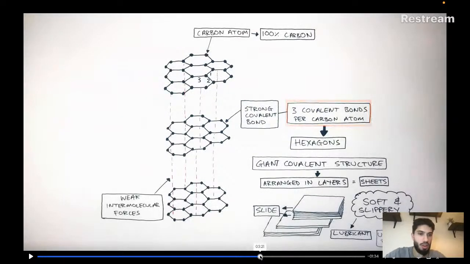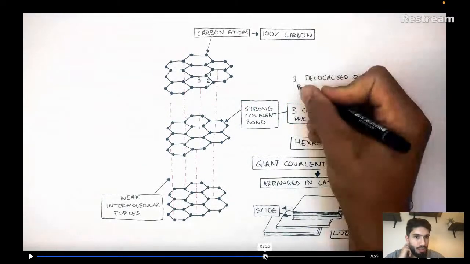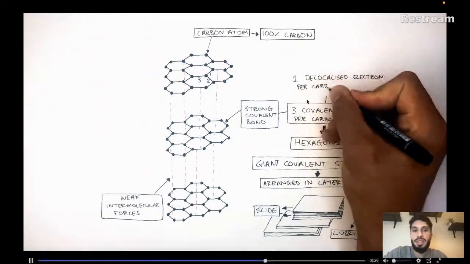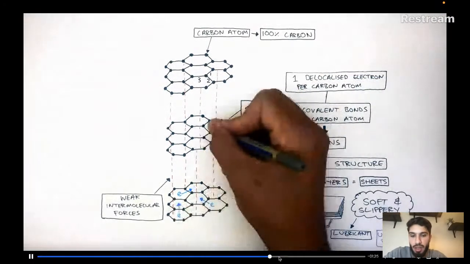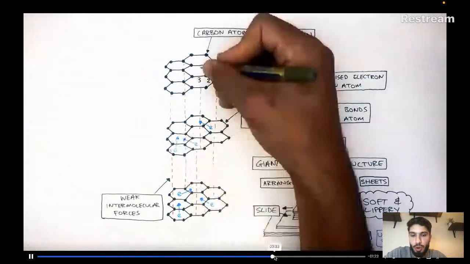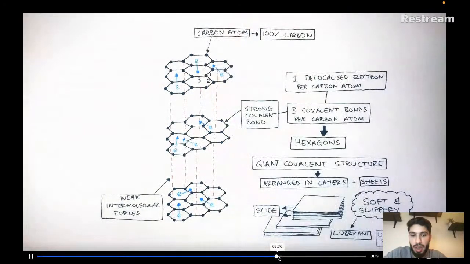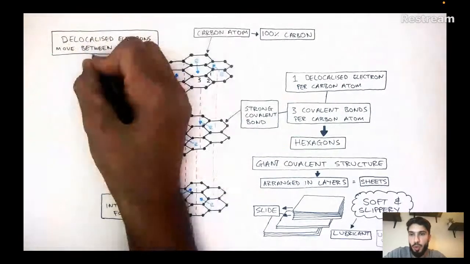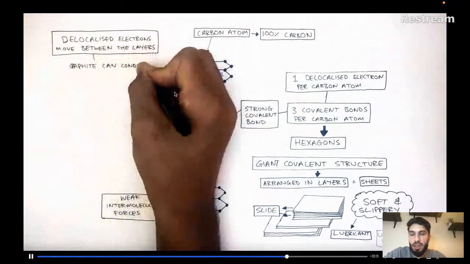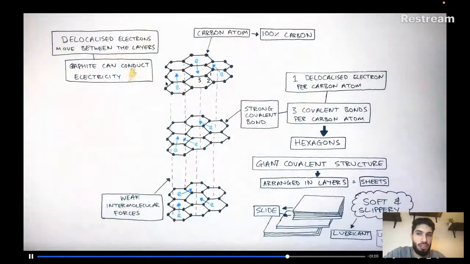Okay, let's move on. There are 3 covalent bonds between each carbon atom, which means there is 1 delocalized electron per carbon atom. These delocalized electrons move between the layers. Therefore, graphite can conduct electricity.